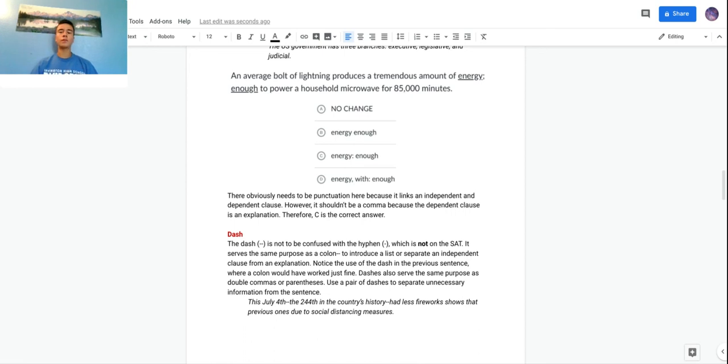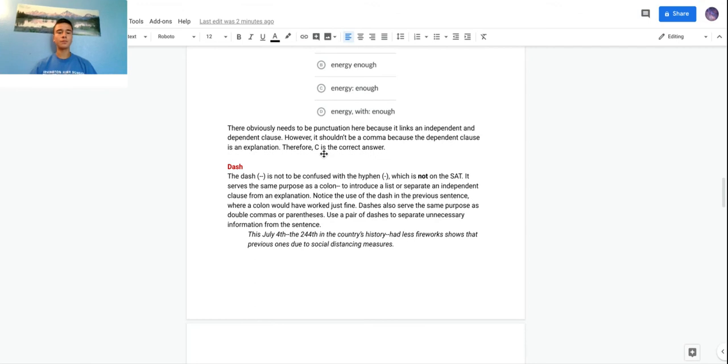In this case, it should be like a comma because it's an independent clause and a dependent clause. However, enough to power a household microwave for 85,000 minutes is an explanation of the previous independent clause, where it says tremendous amount of energy. So here it should just be a colon, and C is the correct answer.